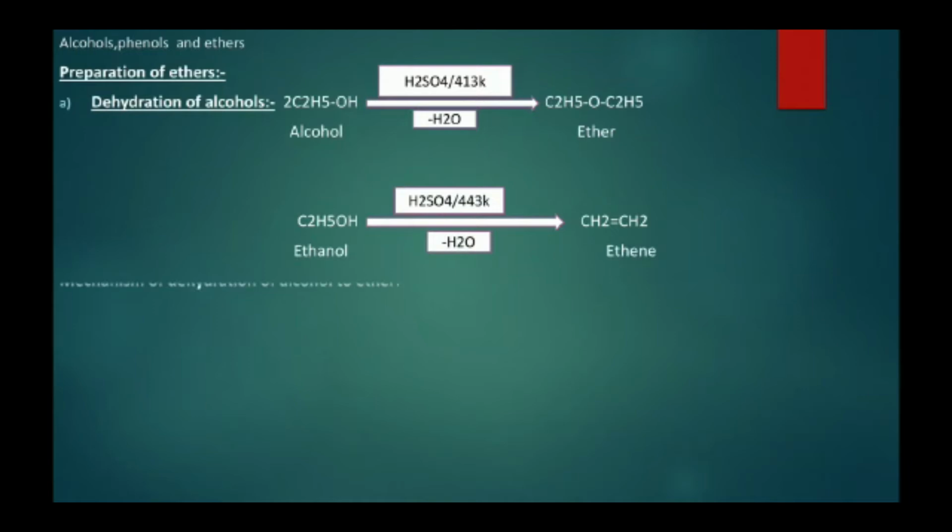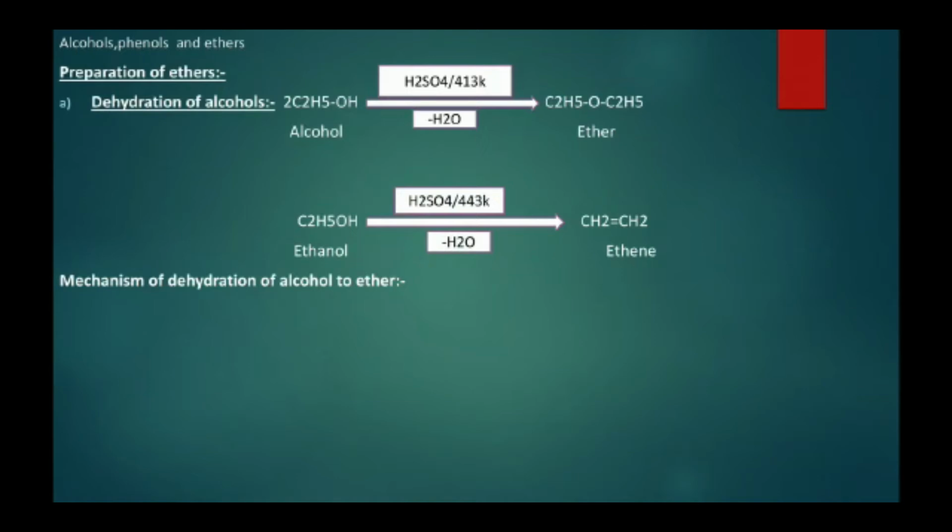Next we see the mechanism of this dehydration of alcohol to ether. How does this alcohol convert to ether after elimination of water? It is also a 3-step process: protonation of alcohols, then elimination of water, which means dehydration and formation of carbocation, then second, attack of nucleophile on carbocation, and last, deprotonation.